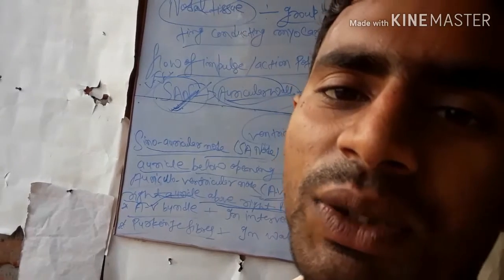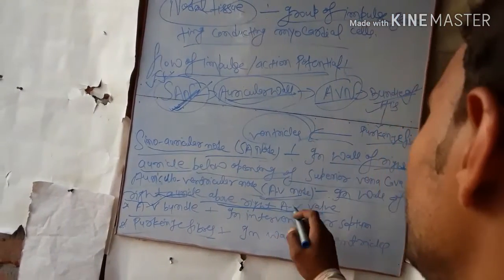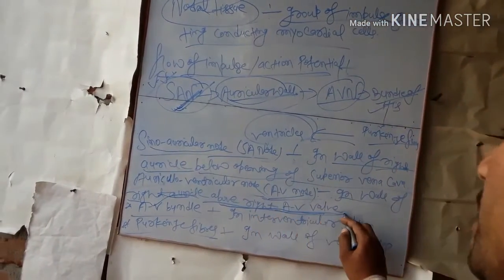That valve is called the right auricular ventricular valve, because it is present on the right side.